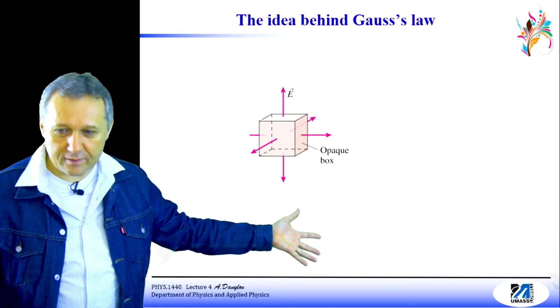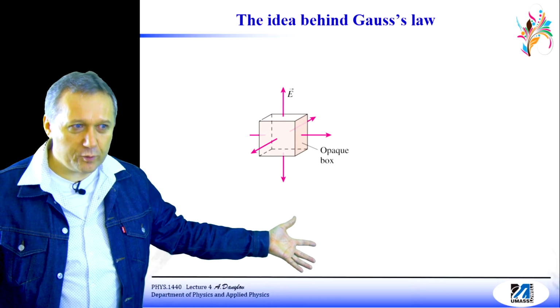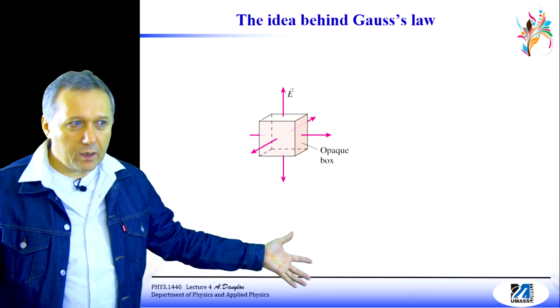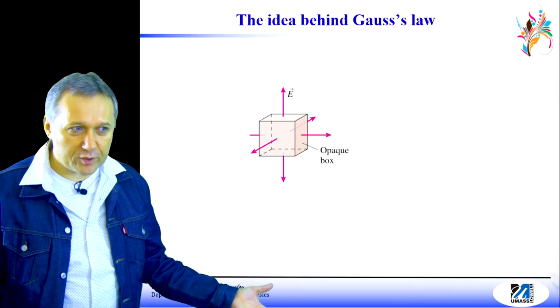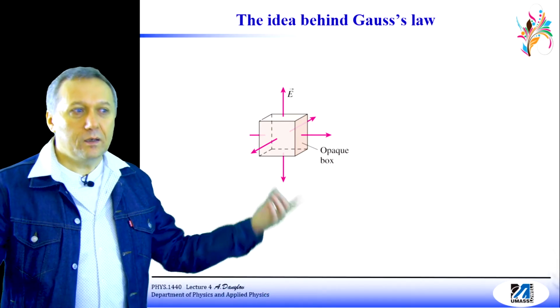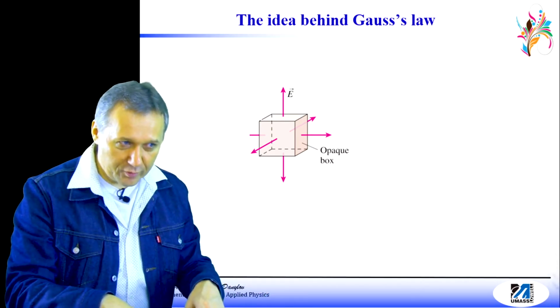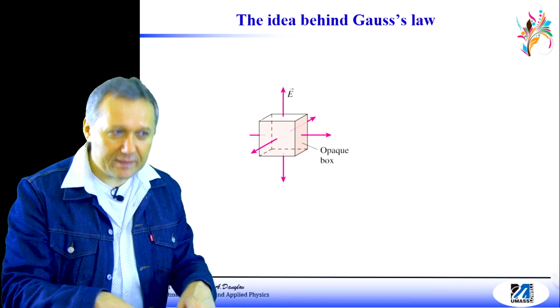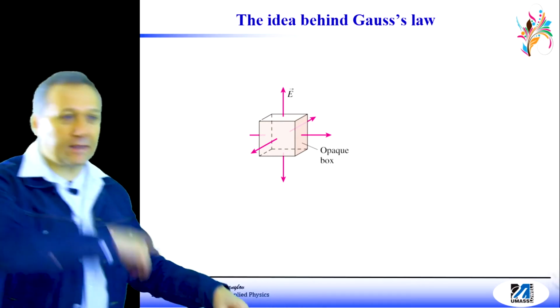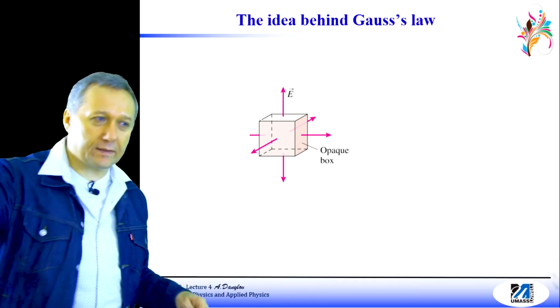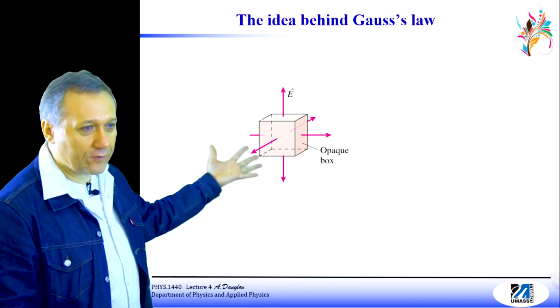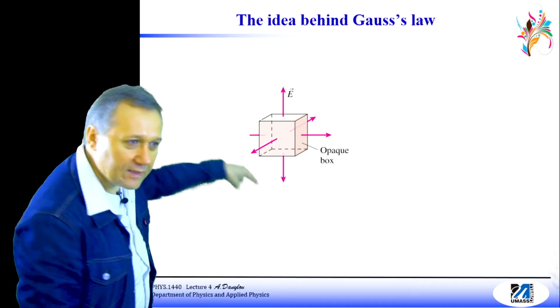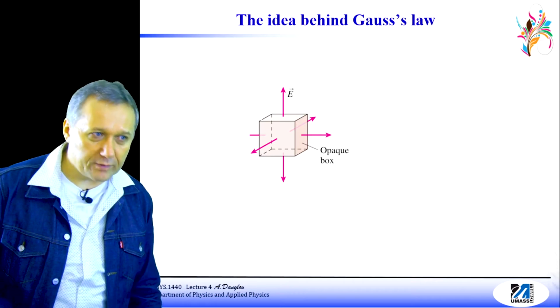It should be trivial. I'm sure all of you can tell me that the net charge inside of this box is positive, because you remember electric field lines start on positive charges and either go to infinity or end on a negative charge. Since electric field lines are getting out, inside there is a net positive charge.